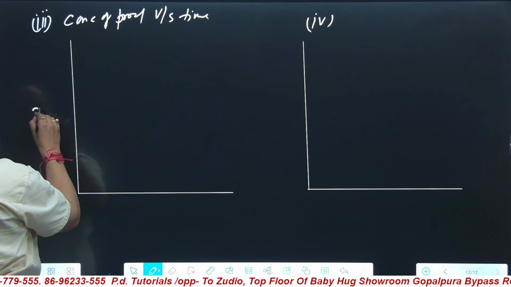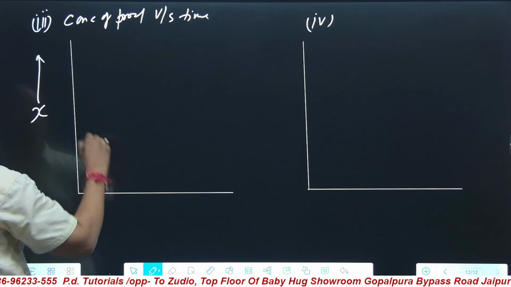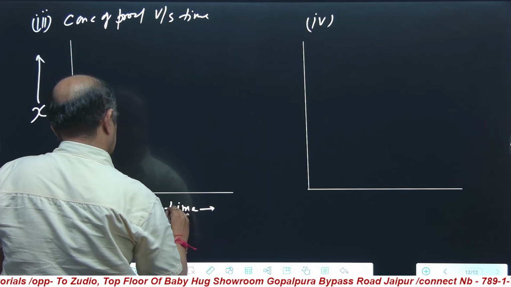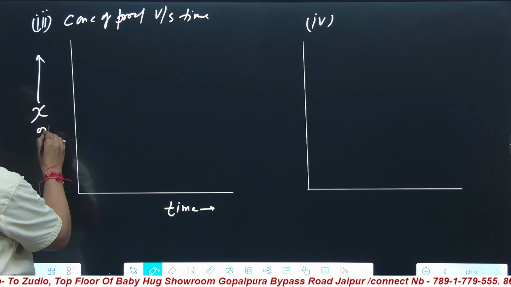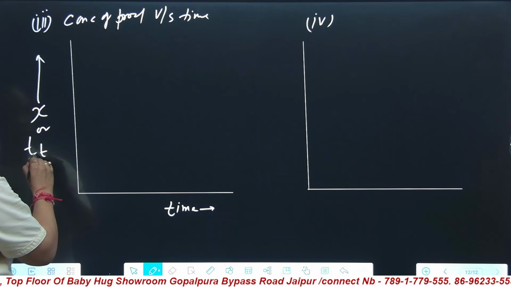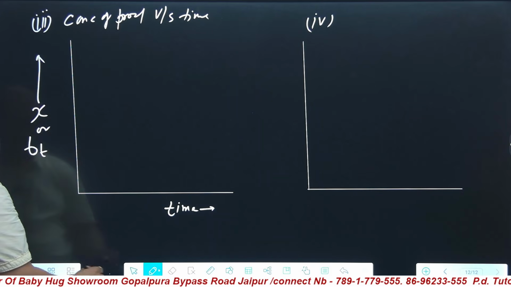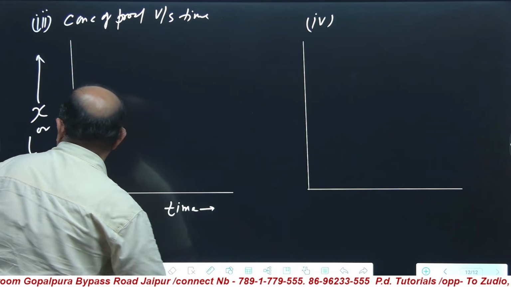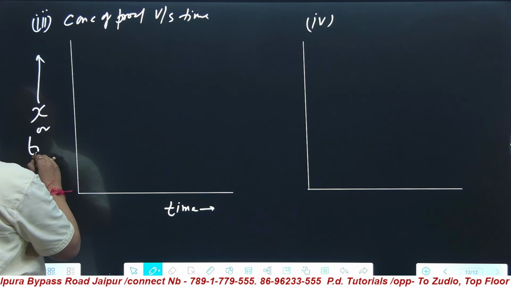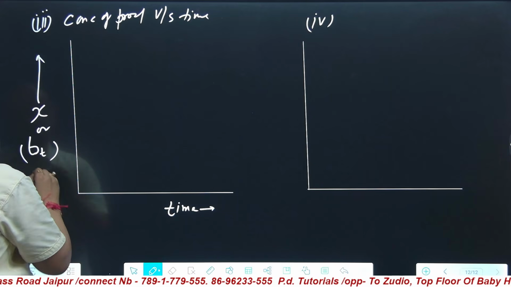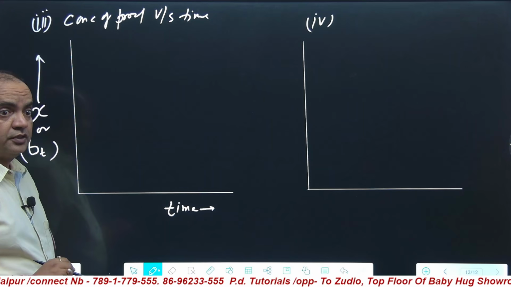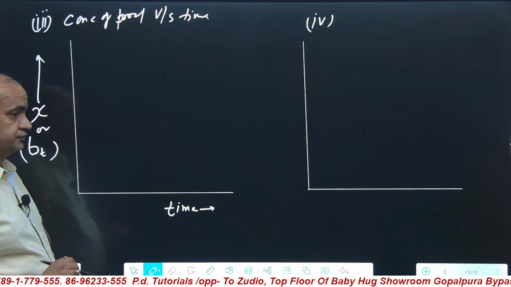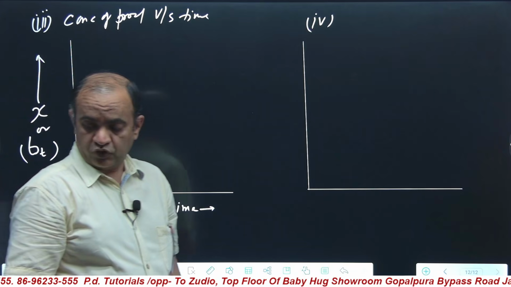Concentration of product is X or BT. What is the formula of BT or X?